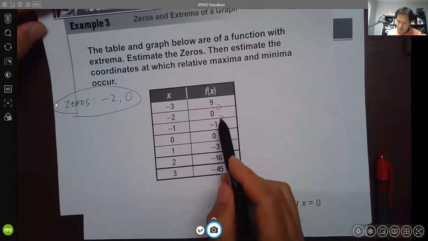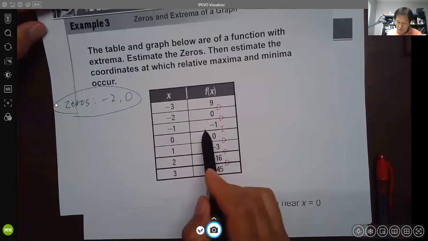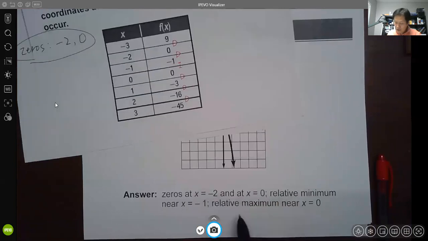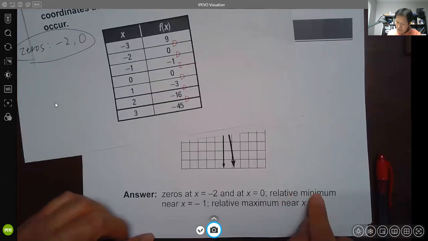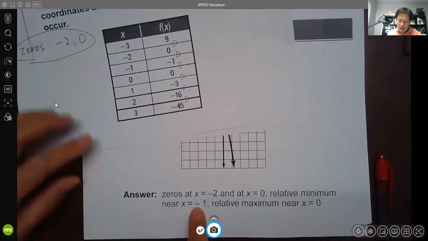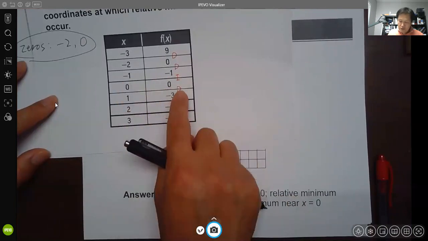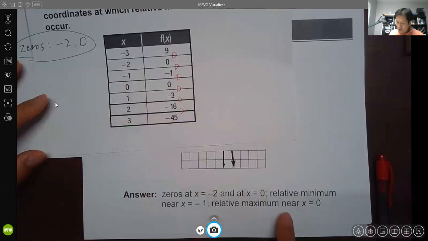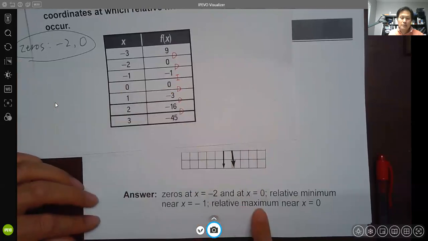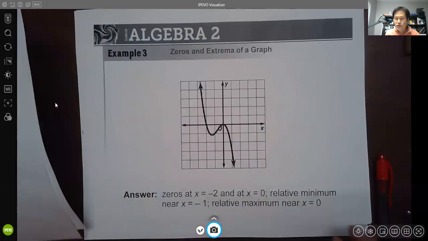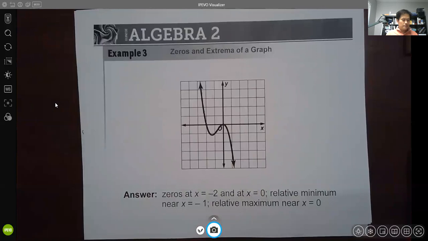So from decreasing to increasing, right here, we most likely have a relative minimum, near x equals minus 1. Increasing to decreasing is around 0, so the relative maximum is near x equals 0. It's a lot clearer once you plot the coordinates.